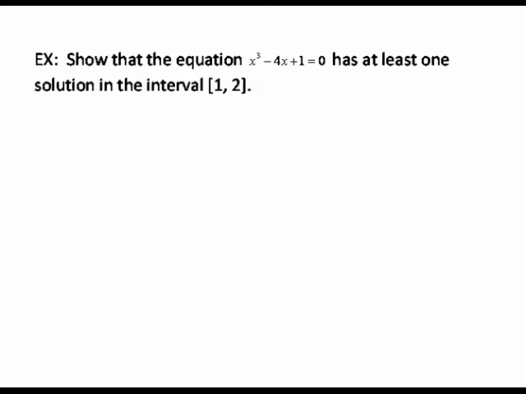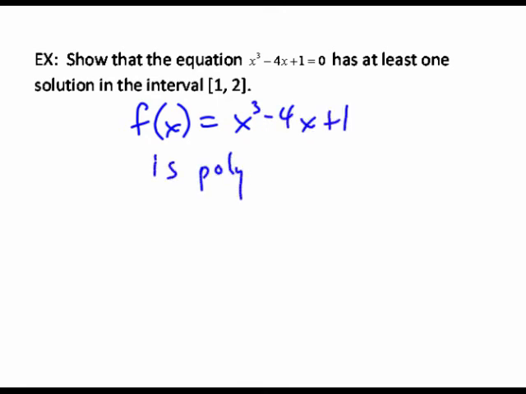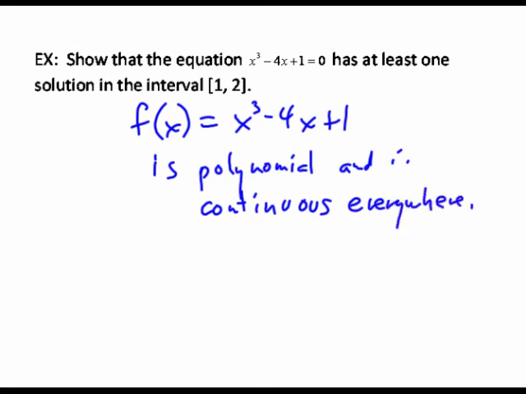To conclude, just a simple application of these theorems. We're asked to show that in this equation there's at least one solution between x equals 1 and x equals 2. Alright, so we know that this function f of x is polynomial, and therefore continuous everywhere. We also can calculate f of 1.